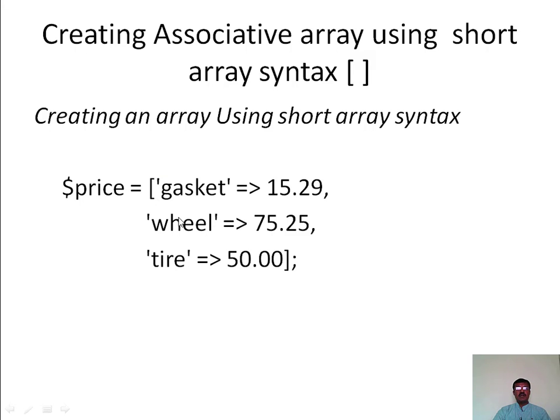Within these square brackets, we specify the key and value pairs. Again, these key and value pairs are separated by equal sign and greater than symbol. So this specifies the relationship between key and value. In this way, we can have any number of elements in the array, and these elements are separated with a comma. So this is the second method to create your associative arrays in PHP.